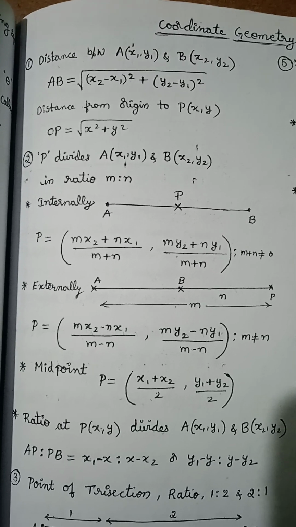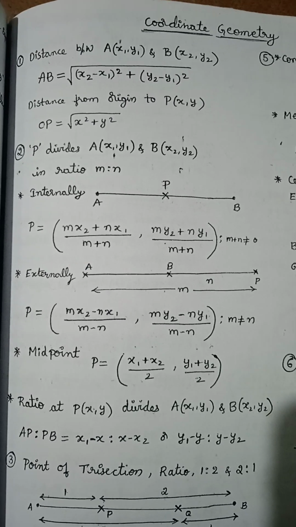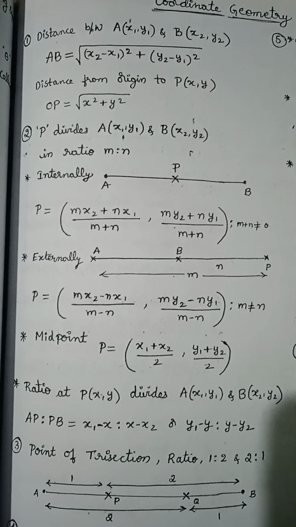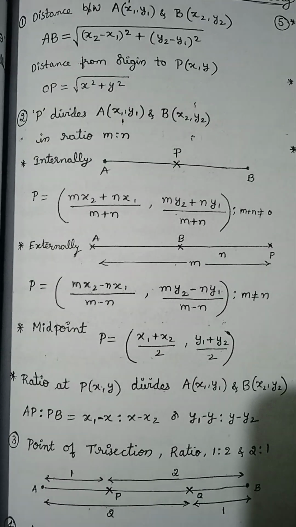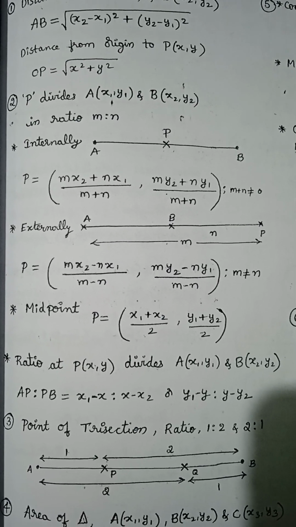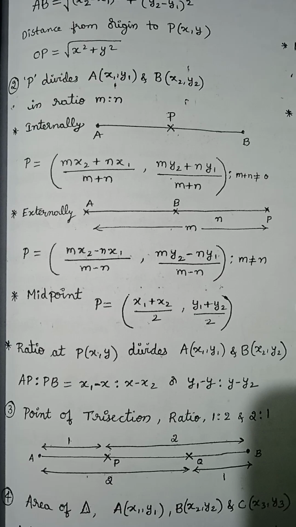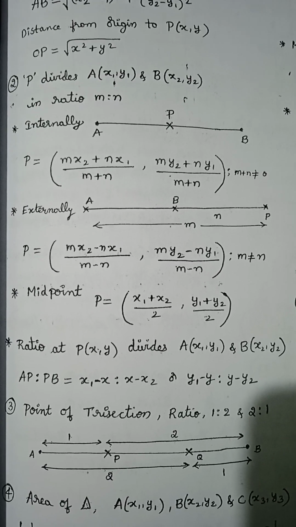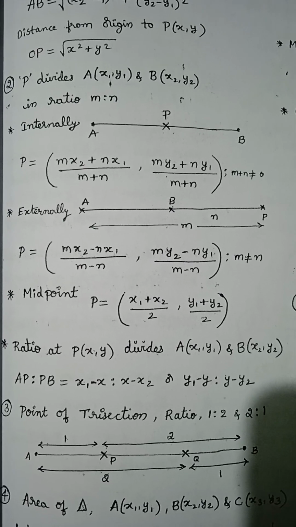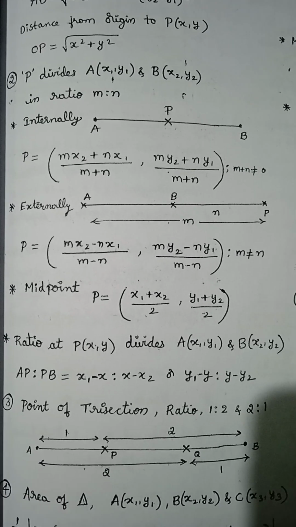If P divides the line segment joining A(x1, y1) and B(x2, y2) in the ratio m is to n: if the point divides the line internally, then the coordinates of the point are P equals ((m x2 plus n x1) by (m plus n), (m y2 plus n y1) by (m plus n)).